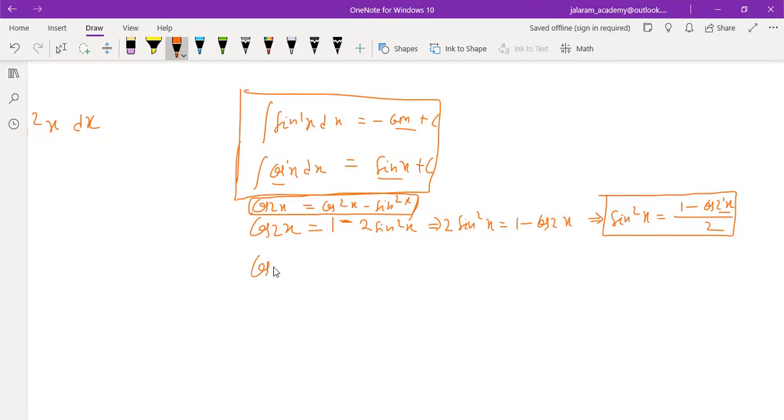And again, the next formula for cos 2x is 2 cos square x minus 1. So the value of 2 cos square x using this formula will be 1 plus cos 2x, so cos square x is 1 plus cos 2x upon 2.